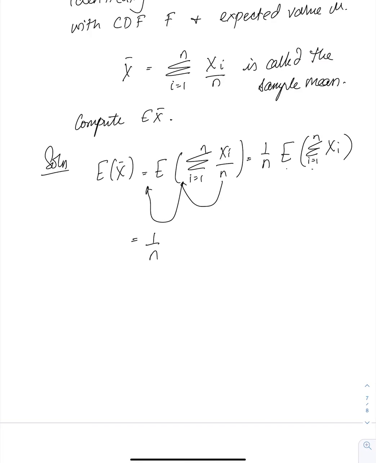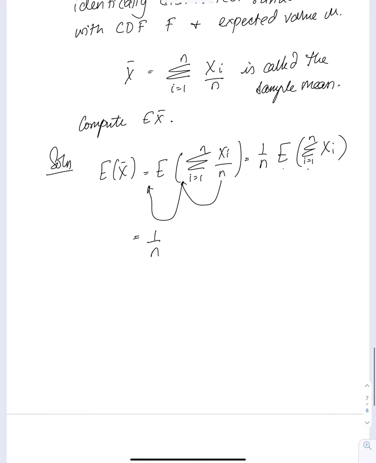So the expected value of a sum is the sum of the expectations. Each one of them is mu, and you're adding them up n times, so you have n mu over here. So this result is just mu, as you expected.